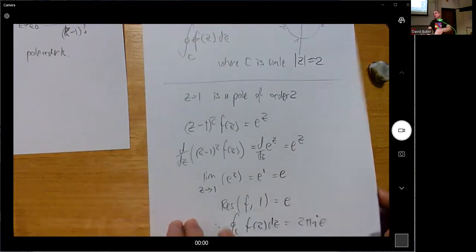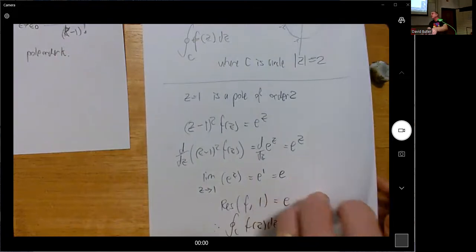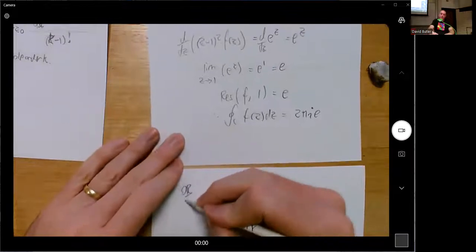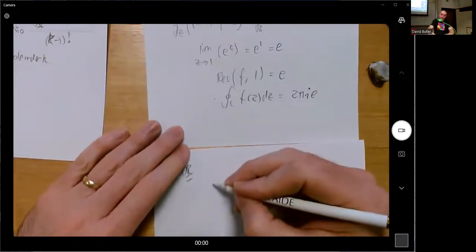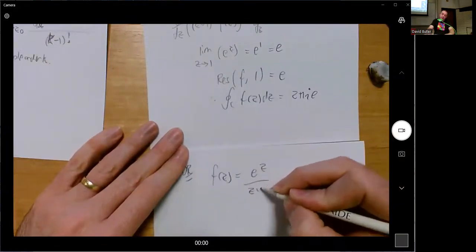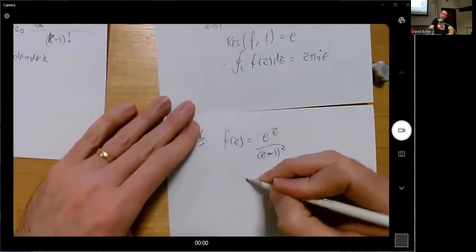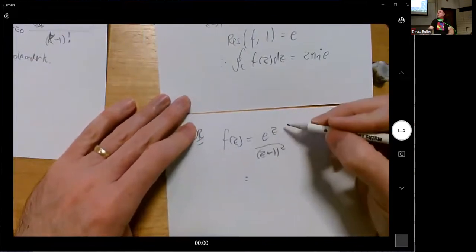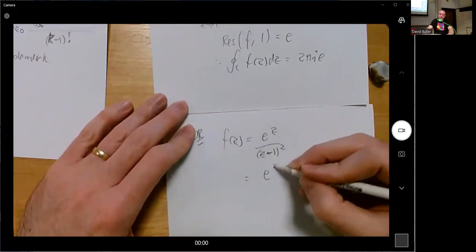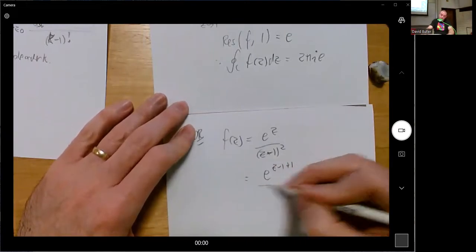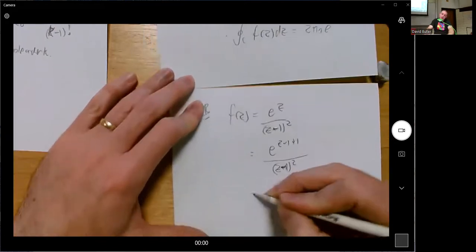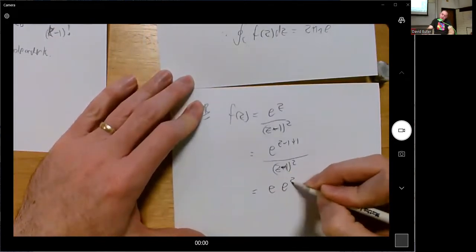But I could have, so this one was easier today. But I could have done, or I don't know what's easier. I could have said, well, this has got a Taylor series, right? If I can write that Taylor series with a z minus 1, I'll be good. So this will be e to the z minus 1 plus 1. And that would be e times e to the z minus 1.